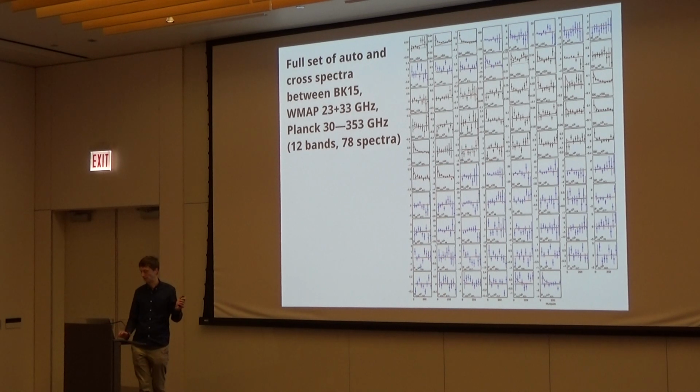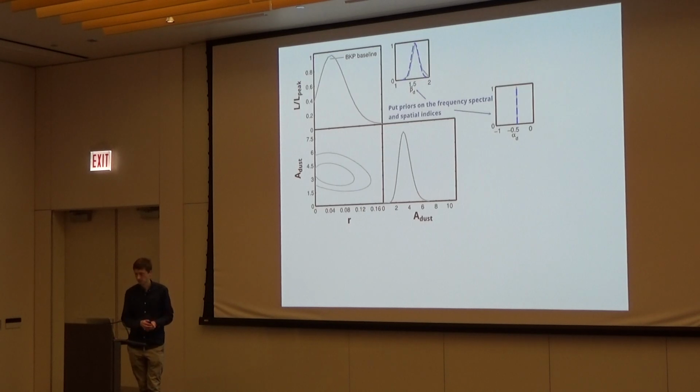But rather than driving ourselves to distraction by that, we use this full set of spectra as the input to a likelihood analysis where the parameters of the likelihood are the cosmological parameter of interest, which is r, the tensor to scalar ratio, plus a whole bunch of foreground parameters that are our nuisance parameters, right? So this was the earliest version of it. This actually was not the BK14 result, but this was the joint analysis with Planck that used BICEP and Keck data through 2013.